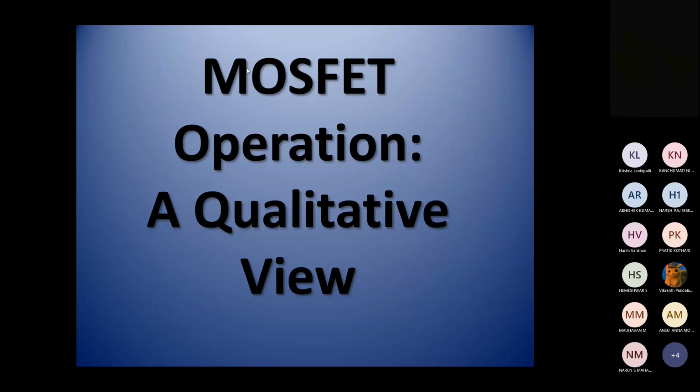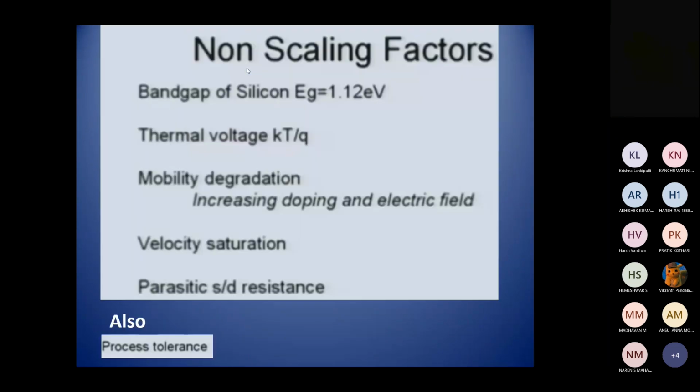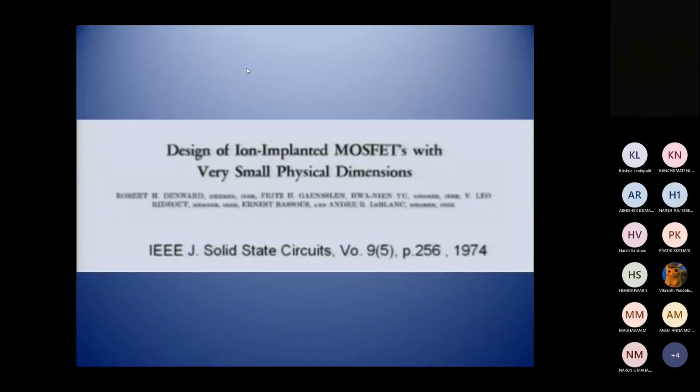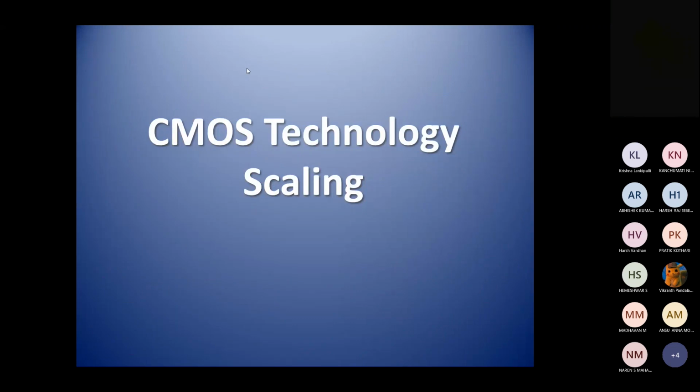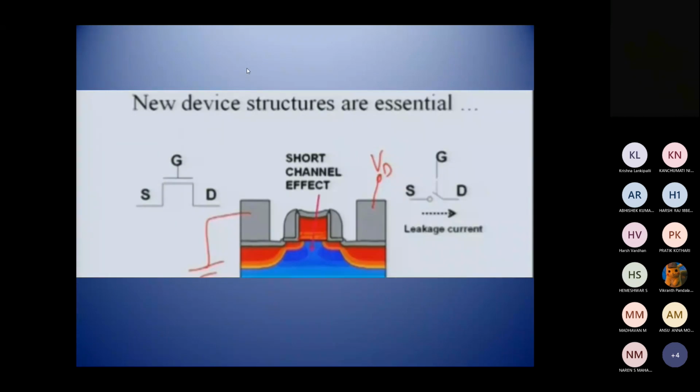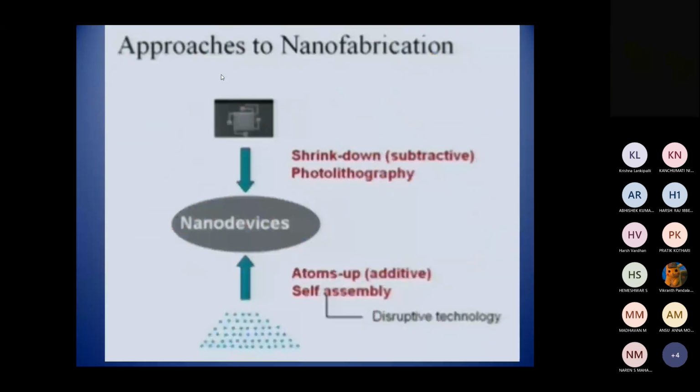Okay. So I hope this is clear to everyone. In this session, we have studied what CMOS technology scaling is and why scaling is important, and what the new device structure is that is essential for scaling to take place, and the approaches of nano fabrication.